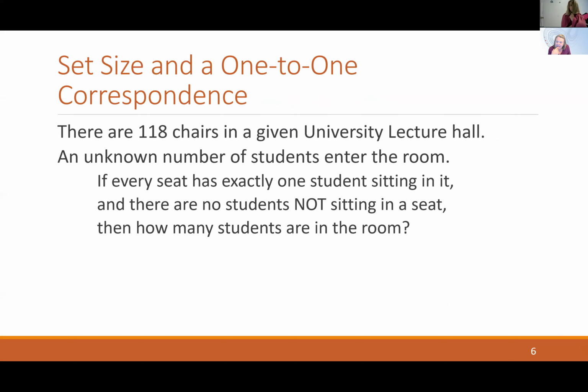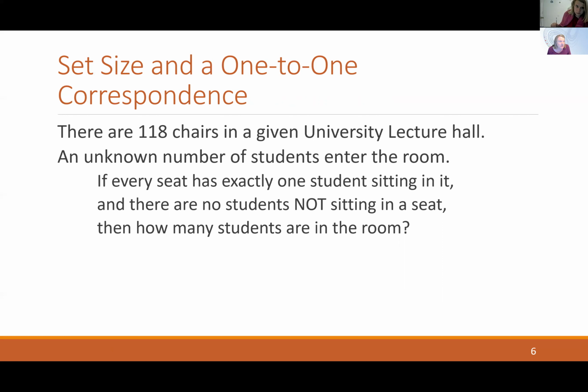If every seat has exactly one student sitting in it, and there are no students not sitting in a seat, how many students are there in the room? I want you to take a second, think about that. Do not put your answer in the chat yet.